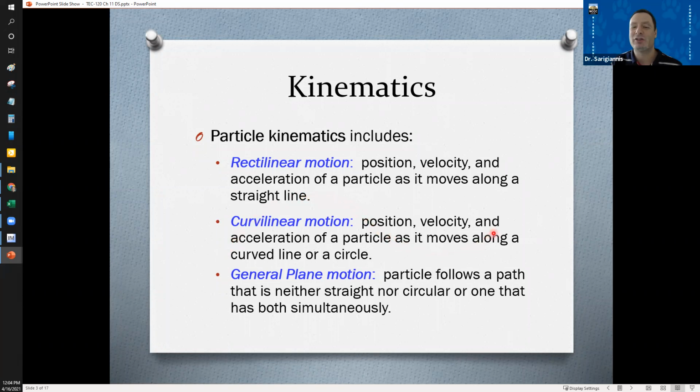It doesn't have to be a circle, but it has to be curved. And then general motion: a particle follows a path that's neither straight nor circular, or one that has both simultaneously. So this is specifically for a curved line or a circle, and this is general plane motion. It would be kind of what my cursor is doing around the page.